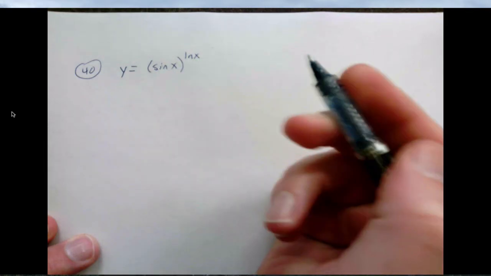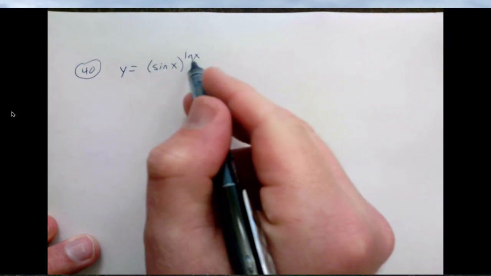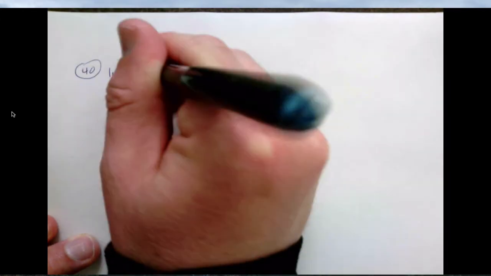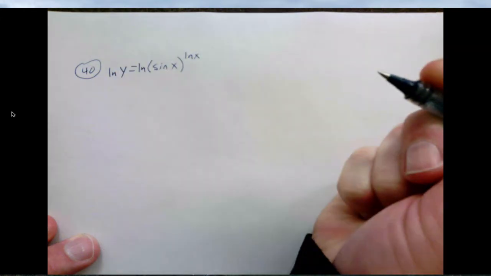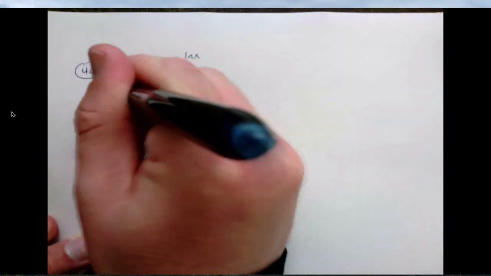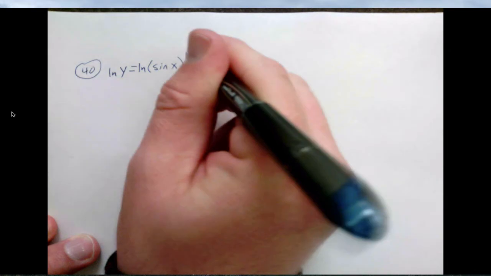For this question, because it is a complicated function to a complicated function power, it's not an exponential, so really we're going to try to get this natural log out of being the power. The way we do that is with logarithms. And if I apply a log to both sides, so if I log the left and I log the right, what that will allow me to do is bring this natural log out front.